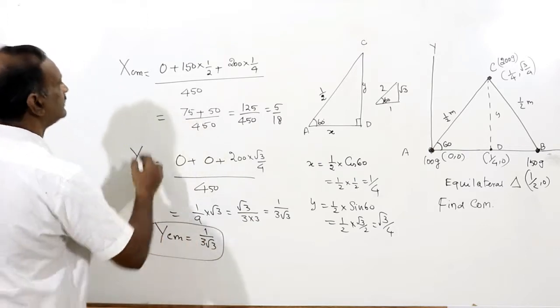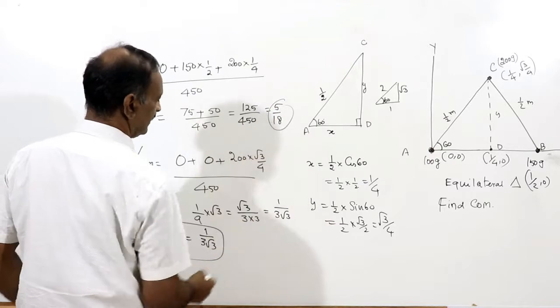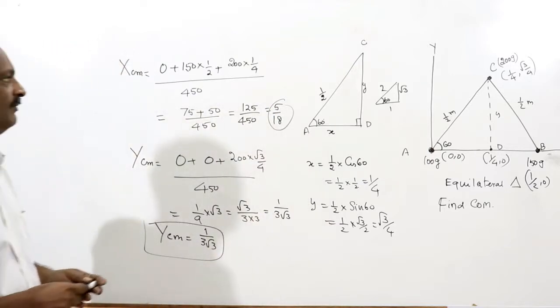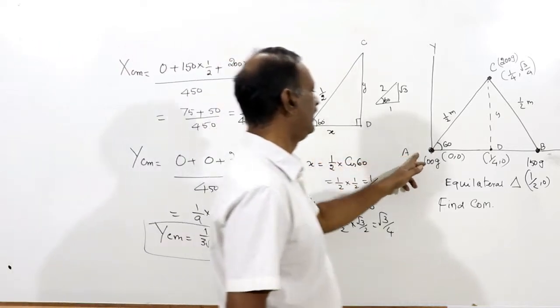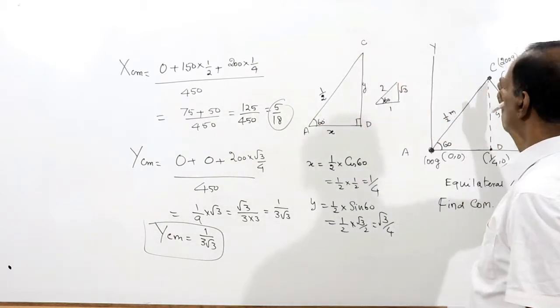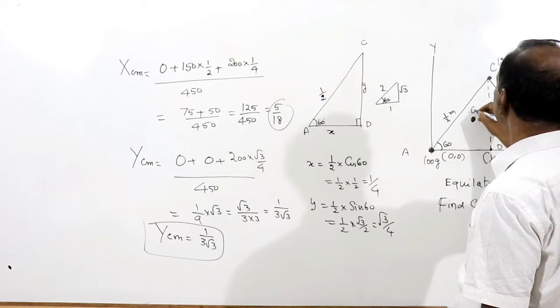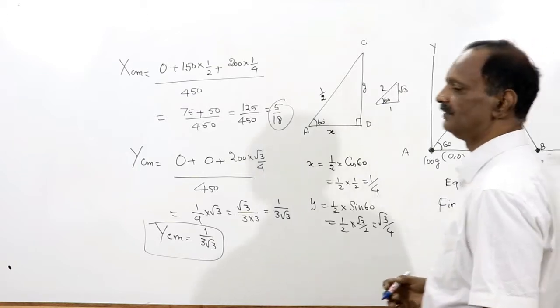So the center of mass is located from the origin at 5 by 18 in the X direction and 1 by 3 root 3 in the Y direction. That's all. These are the X and Y coordinates of the COM.